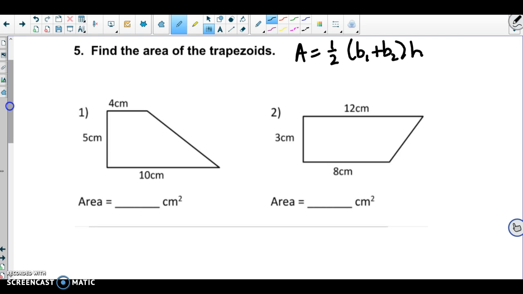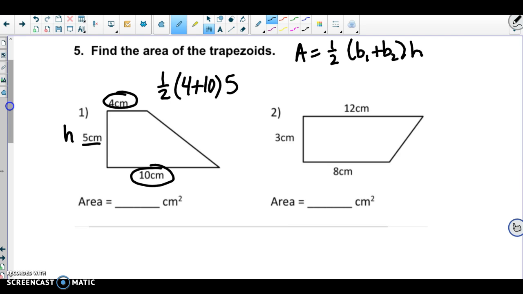So in this case, if I use the bases, I'm going to be using the 4 on this one and the 10 on this one because those are the two parallel sides. And then my height is this one right here, the 5. So if I plug that in to my formula, I end up with 1/2, and my bases are 4 plus 10, and then my height is 5.